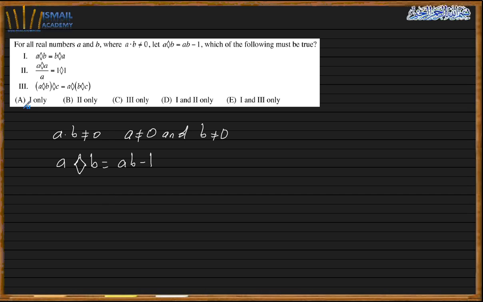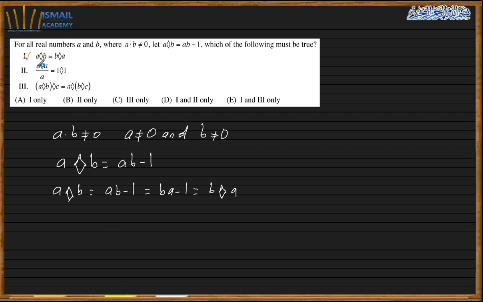So they ask me which one is true. So let's start with the first one. If I have A diamond B is AB minus 1, and we know that multiplication is commutative, so this is the same thing as BA minus 1, which is B diamond A. So the first one is true.